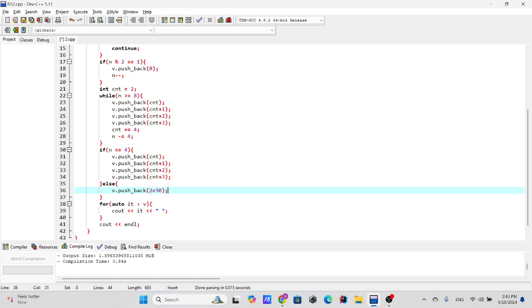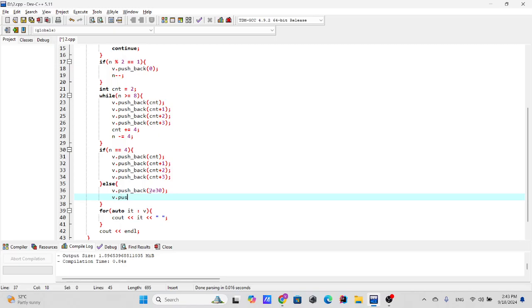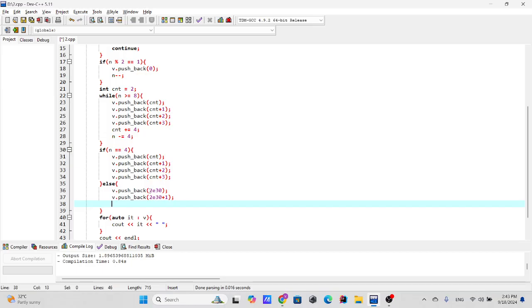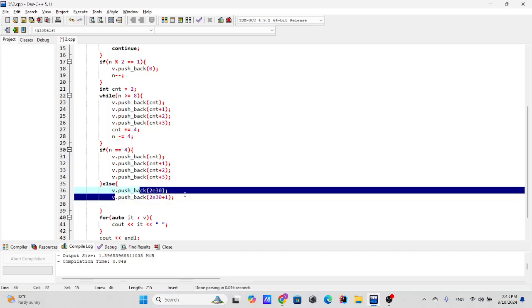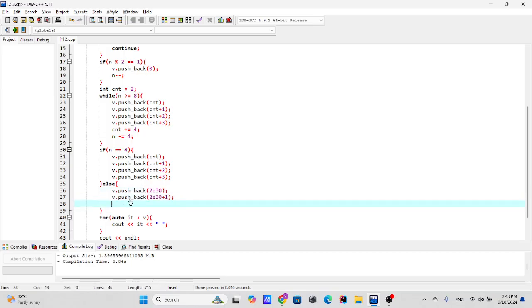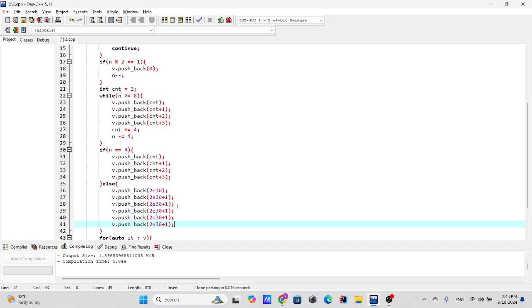230, v dot pushback 30 plus 1. There must be 6 1, right? 6 1.